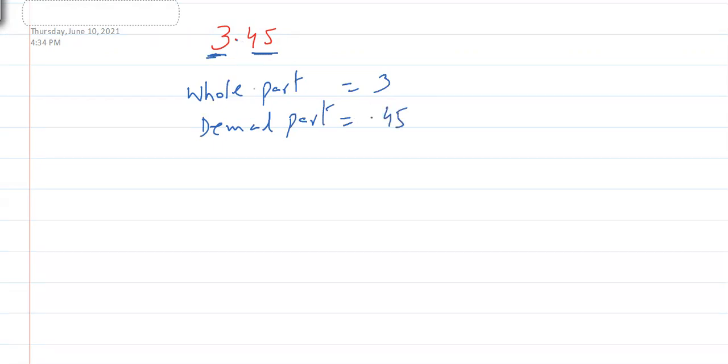This part is called the whole part. If I have to write the whole part and the decimal part. Now what is the whole part? It's 3. What is the decimal part? It's 0.45.